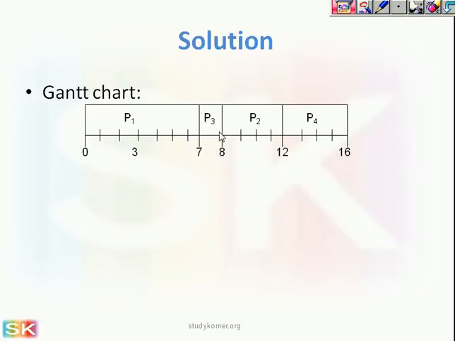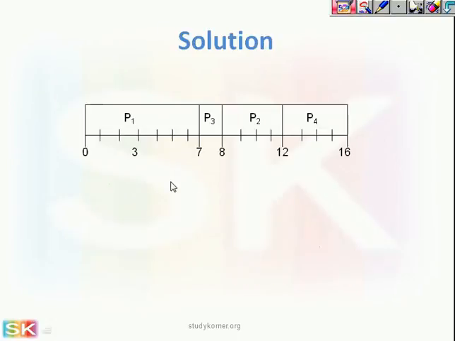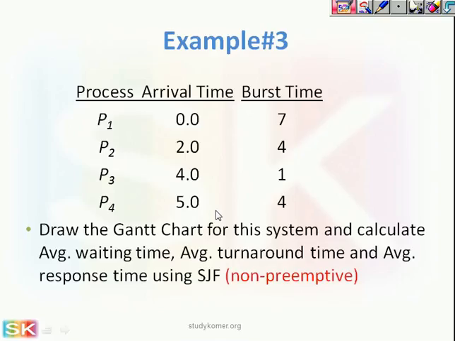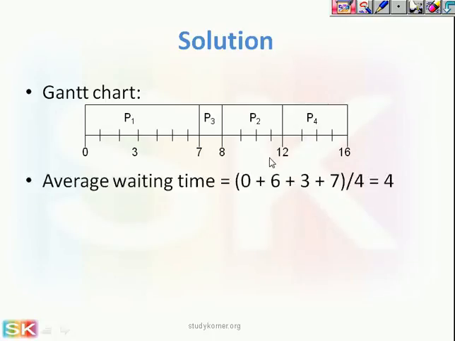P3 arrived at 4 seconds and it got the CPU at 7 seconds, so its waiting time is 7 minus 4, that is 3. For P4, P4 arrived at 5 seconds and it got the CPU at 12 seconds, so 12 minus 5, 7 is the waiting time of P4. So average waiting time is 0 plus 6 plus 3 plus 7 divided by 4, that is 4.